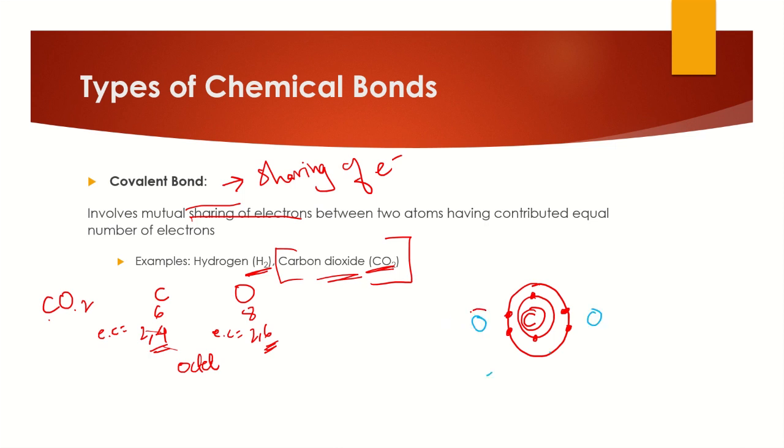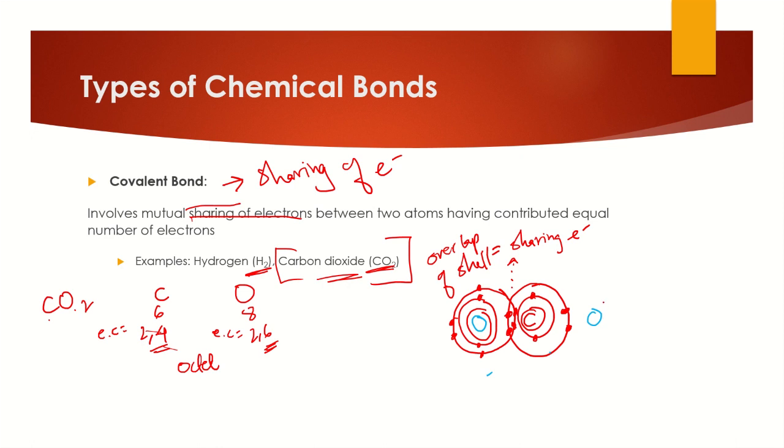Since oxygen has 2 shells, the last shell is going to overlap with the carbon atom. This overlap indicates they are sharing electrons. If you see overlap of shells, that means they are sharing electrons. The first shell contains 2 electrons, the second shell contains 6, 1, 2, 3, 4, 5, and 6.